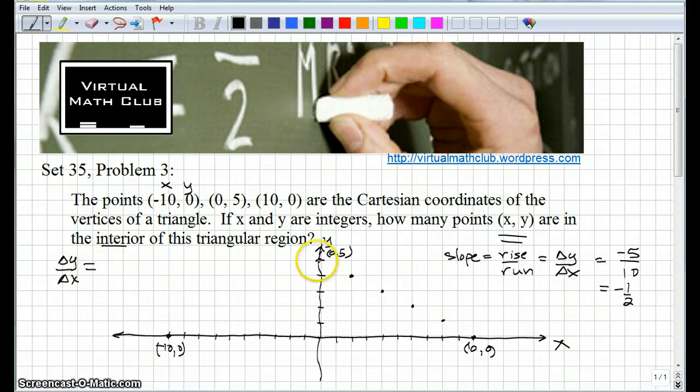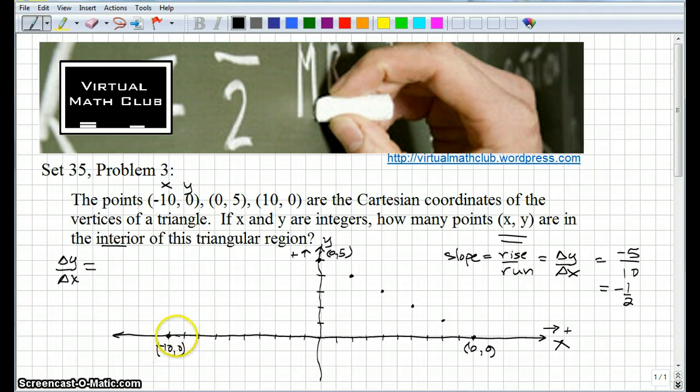So to go from this point (0, 5) to this point (-10, 0), we essentially go down 5 and to the left by 10. Our reference direction is that this is positive in the x direction and up is positive in the y direction. So if we're going from this point down to this point, then we're going down and to the left, so it's a negative over negative.